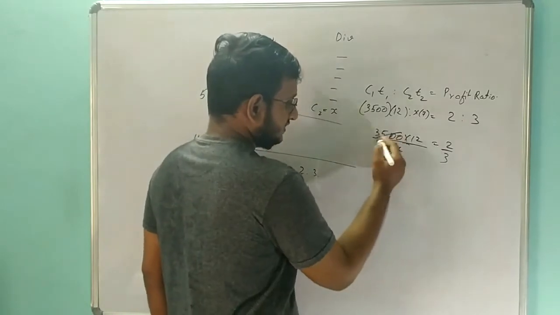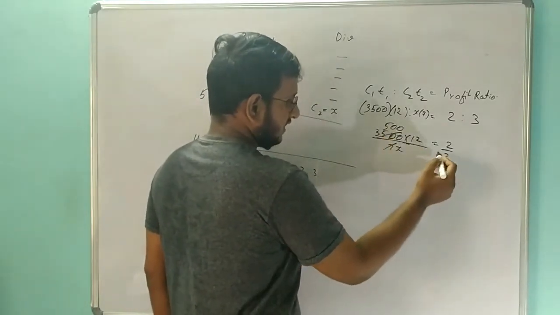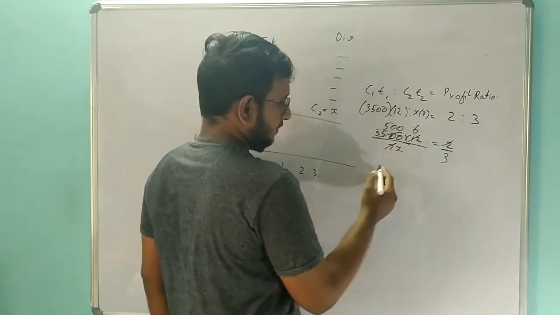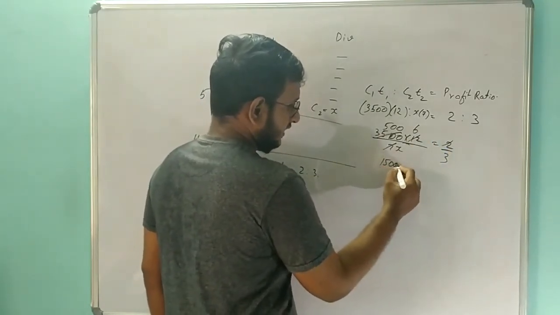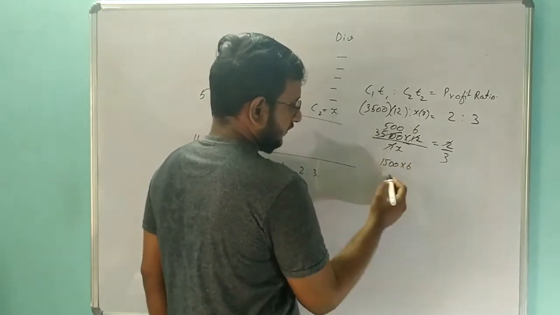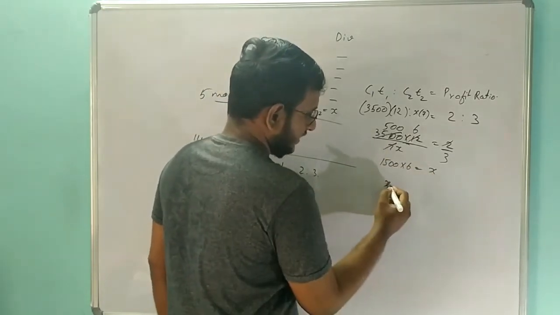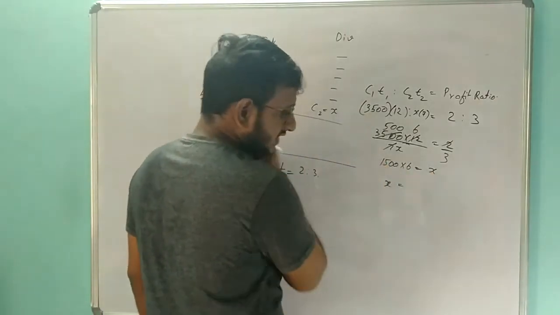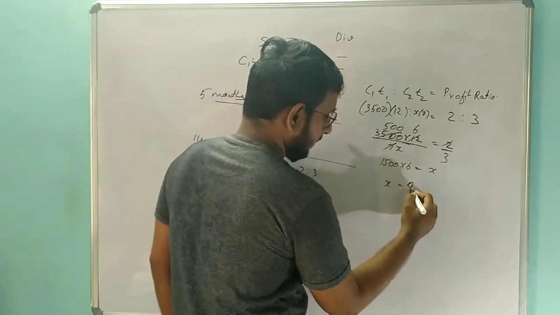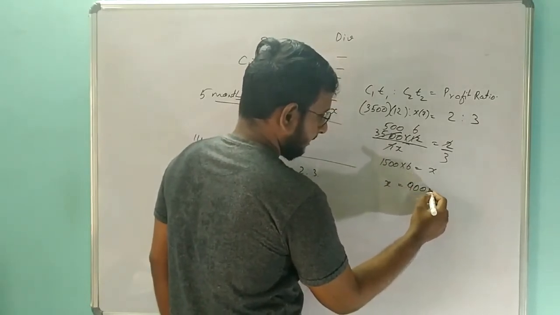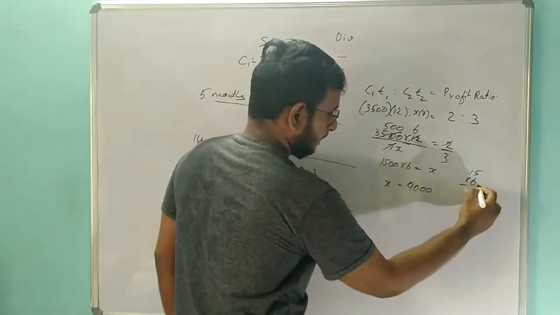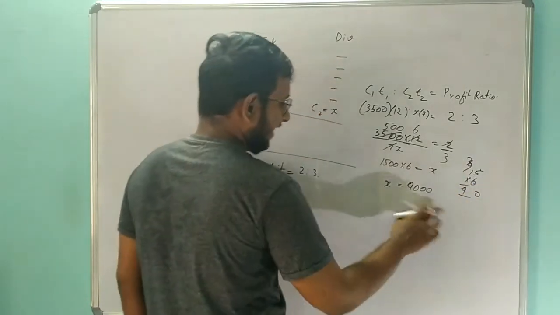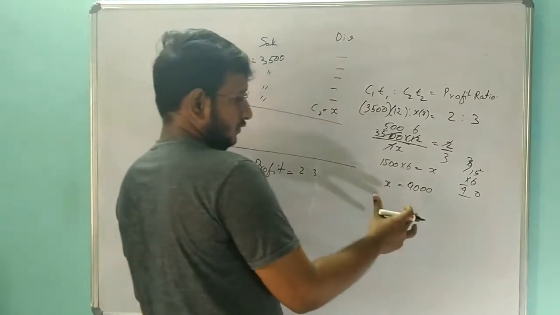Then we can cancel the 500, and cancel 2 and 6, then multiply, so 1500 into 6 is equal to x. So x is equal to 60 plus 30, 90, right? So 9,000. So x is equal to 9,000 rupees.